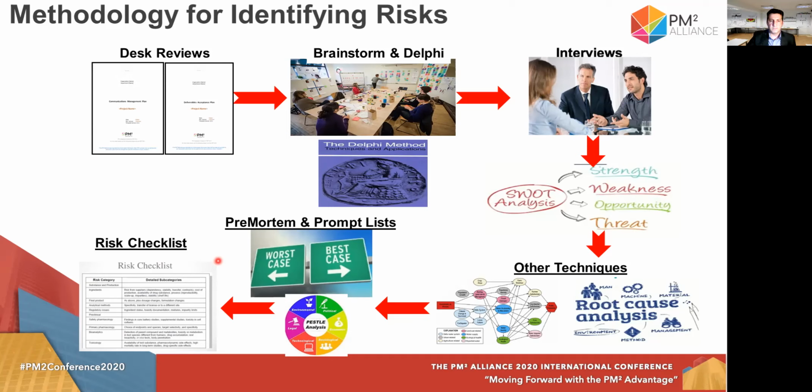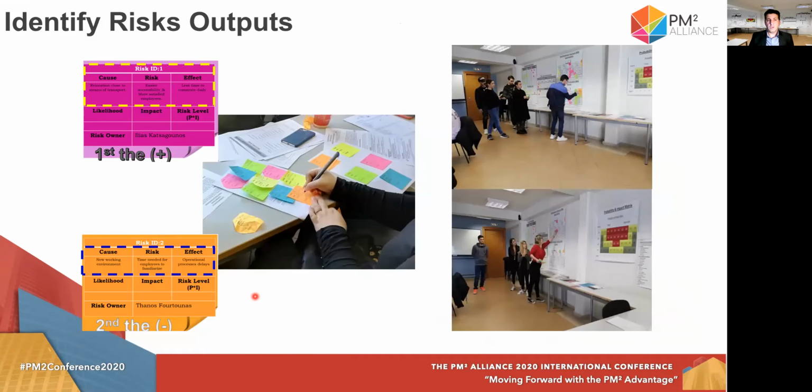So actually, during the workshops, encourage your risk team to write every risk on a single post-it. And you can see here in these post-its how they are being made. And the color is according to the category of risk.